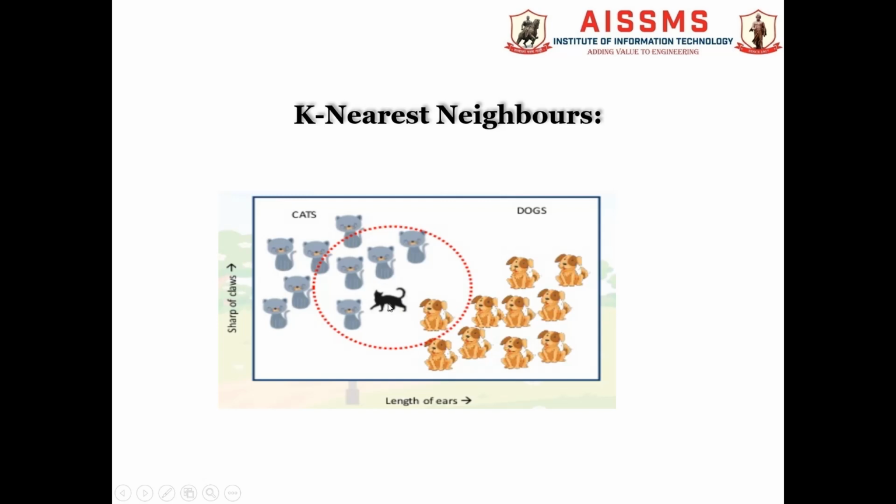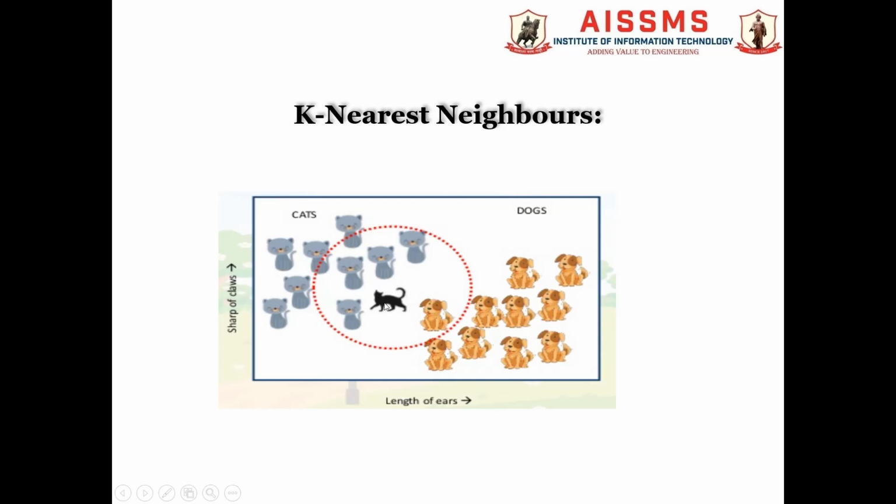So the distance of this black image will be calculated with all these 5 data points because these are the nearest data points. And why are we considering 5? Because k we have already decided, and that is k is equal to 5. That's why the distance of this black image is calculated with all these 5 data points.